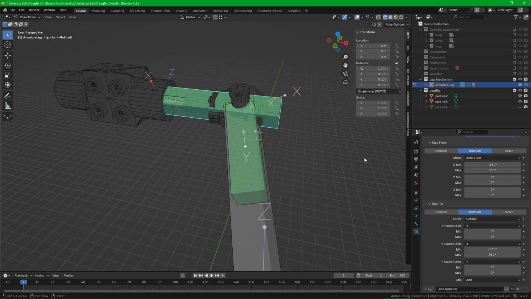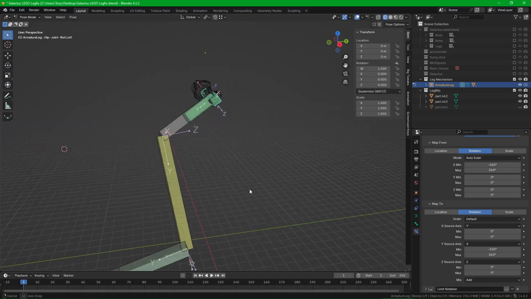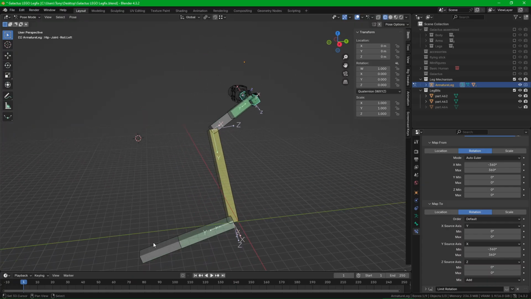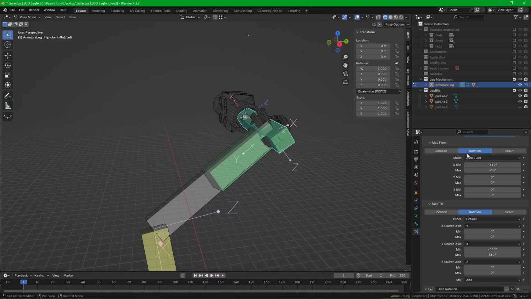You could move a bone around in world space. I'll try to keep this simple.